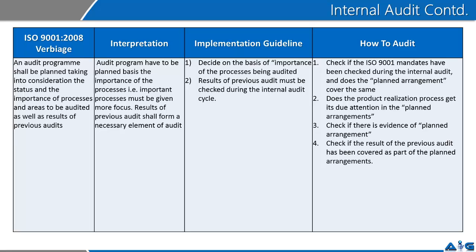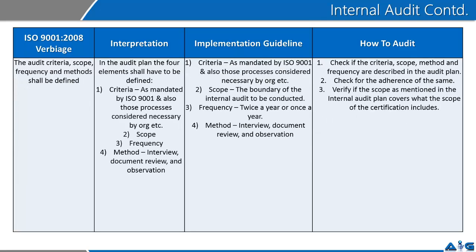As an auditor, you must put that as an observation or a non-conformity. If you are looking at the product realization process and you've seen that there is due attention being given to the planned arrangements, check if there is evidence of the planned arrangement. Whatever was mentioned as a part of the process in the product realization area, check if you see evidence that the laid down processes are being followed. Check if the results of the previous audits have been covered as a part of the planned arrangements.